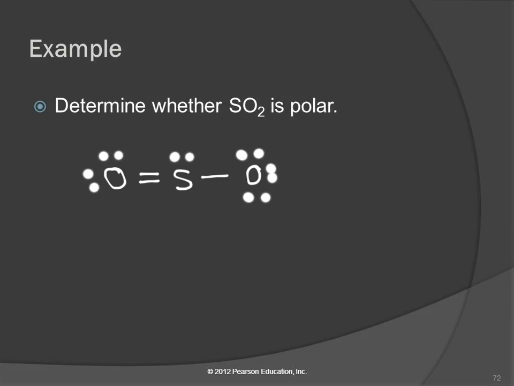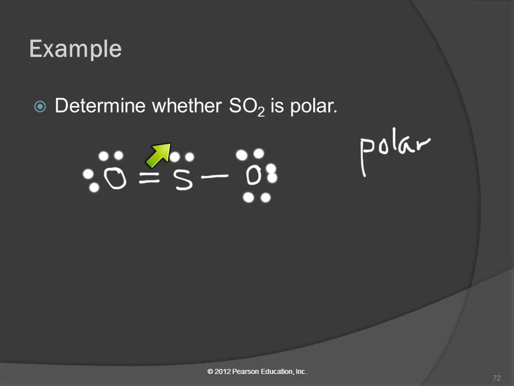Polar or nonpolar? Polar, because it's got a lone pair on the central atom. So we look at this, and we've got these bonds. There's a lone pair here. When there's a lone pair on the central atom, it's going to be lopsided. It just is. And that's why that rule works.